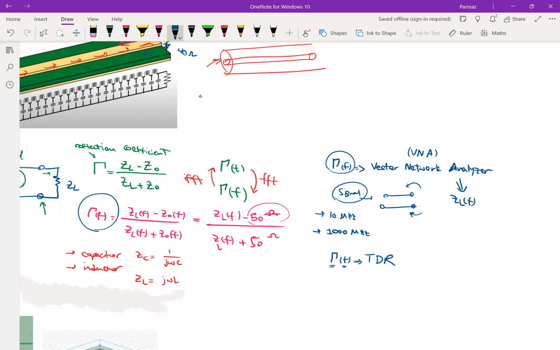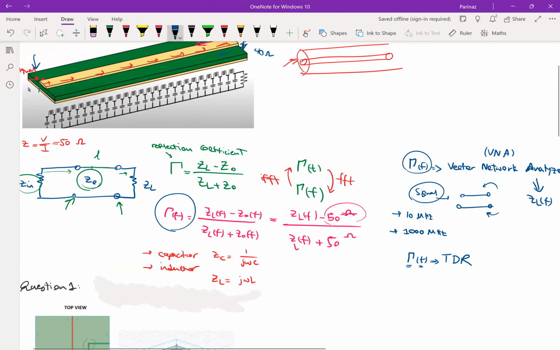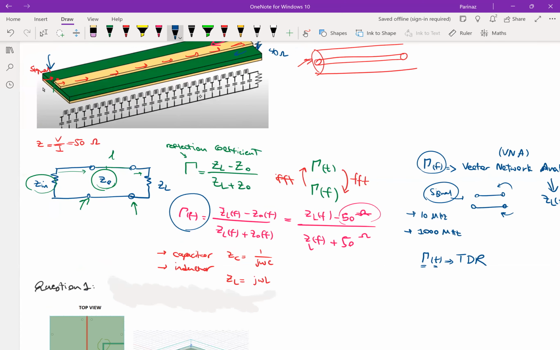It might not be per se the reflection coefficient, but it shows you the reflected signal. Just like we did here, we launched a signal to the line, it looked like this, it got to the end of it, and now we have some reflection back to our signal. I'm going to explain this better.